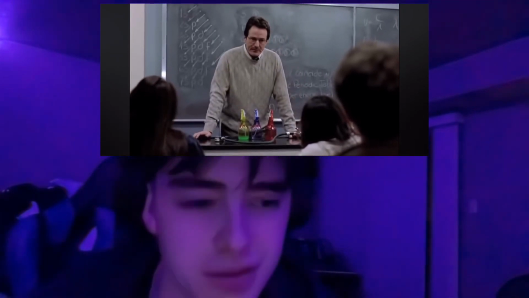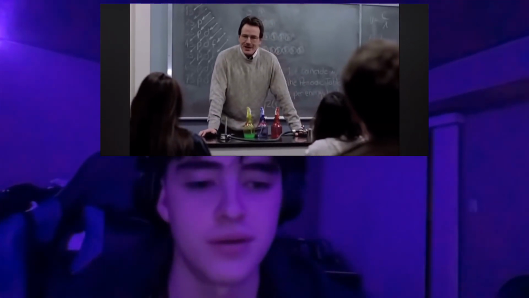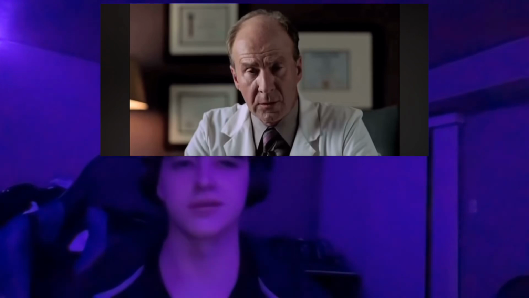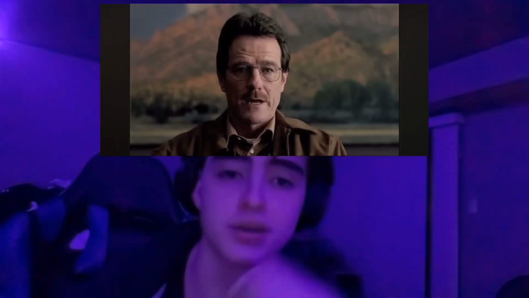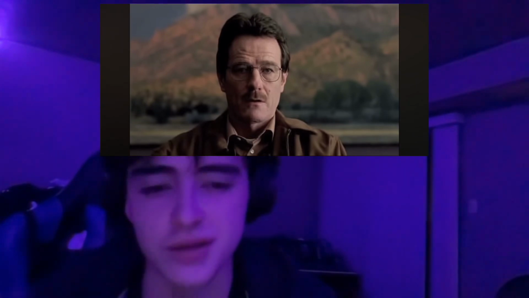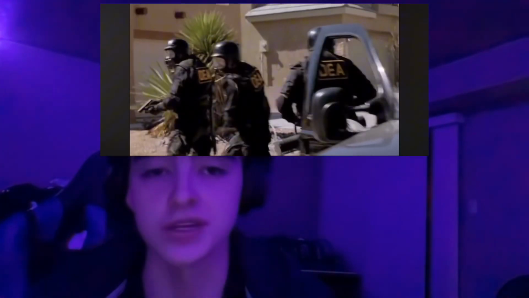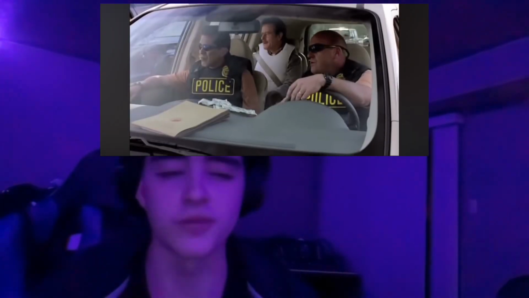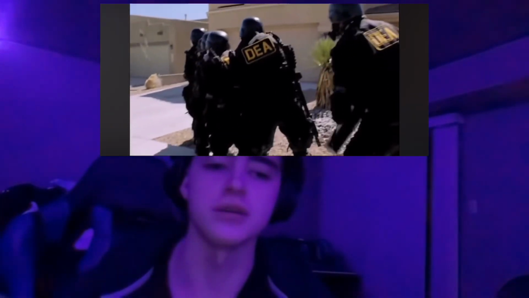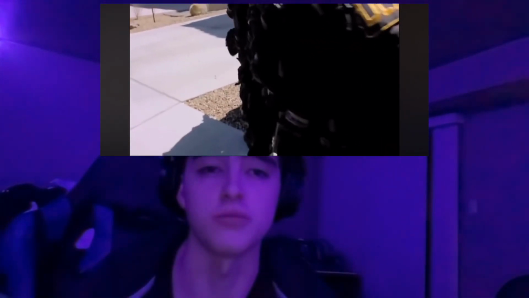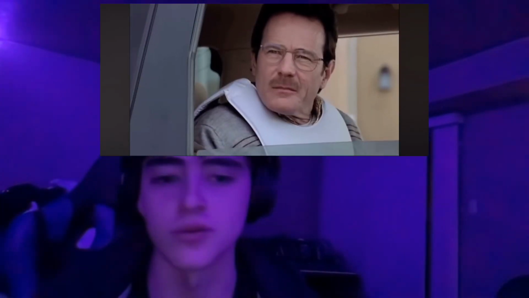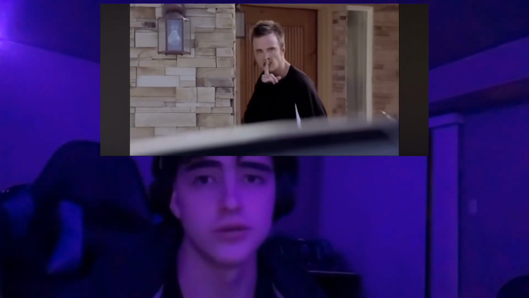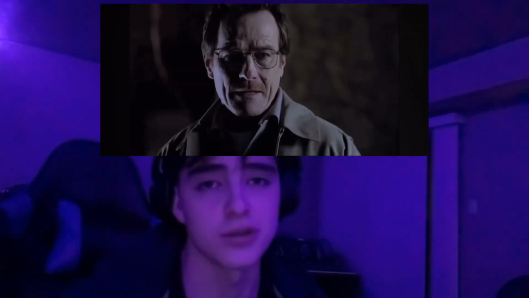He's a little meek, to say the least. But he gets diagnosed with cancer, and this causes him to get desperate and think about what he's providing for his family. He realizes he doesn't have a lot to provide for them. They're going to be broke and struggling after his death. In the wake of that desperation, he joins the drug trade and starts cooking with his expertise in chemistry.